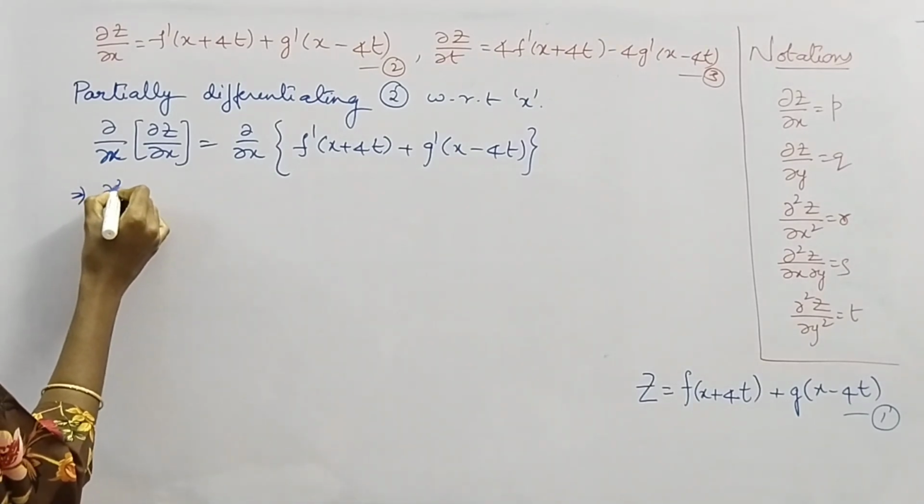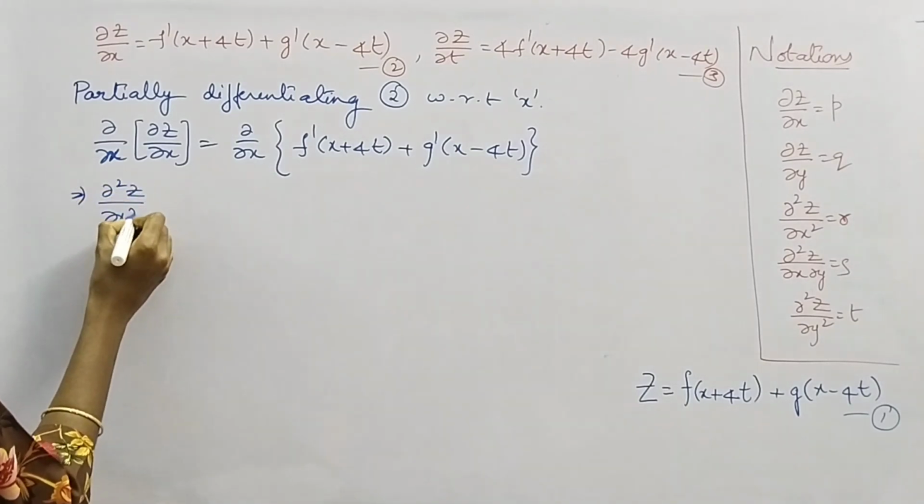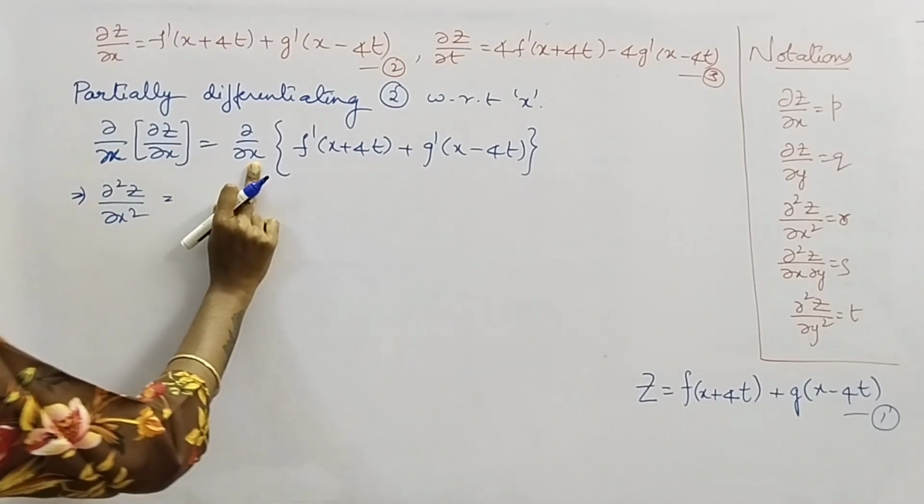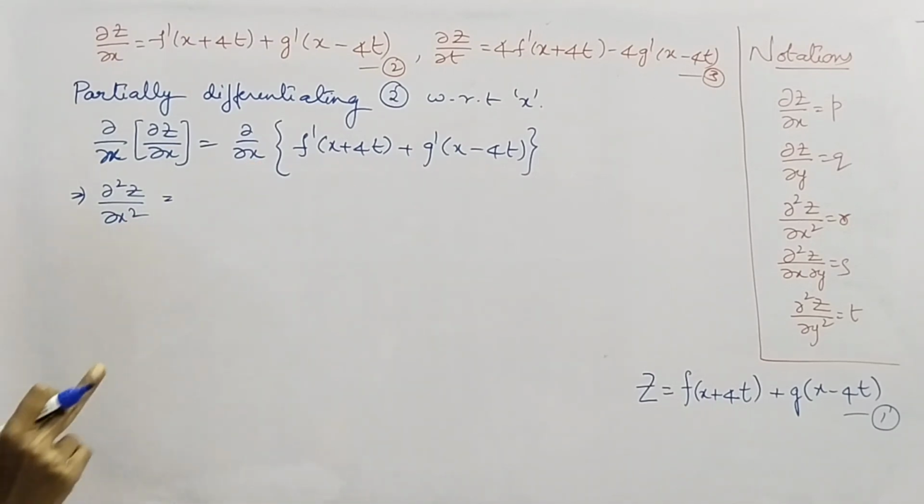This gives us dou square z by dou x square equal to, since we are partially differentiating with respect to x, we'll treat t as constant here.